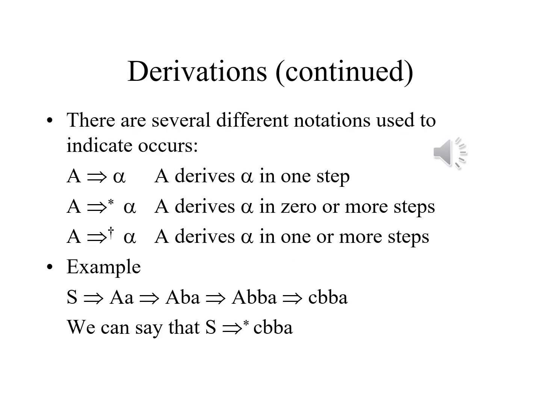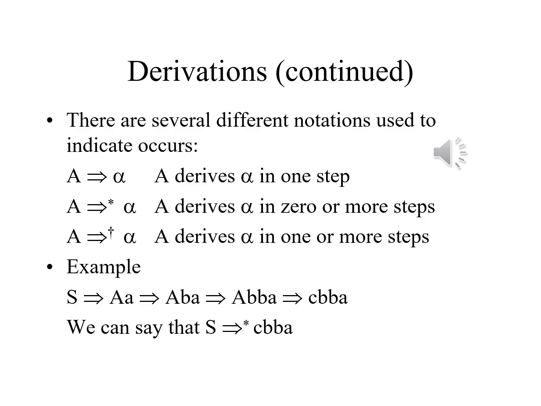There are several different notations that we can use to indicate what occurs. In the first case, A with the double arrow and the alpha afterwards indicate that A derives alpha in a single step. If I write the same thing with an asterisk after the double arrow, it tells me that A derives alpha in 0 or more steps.